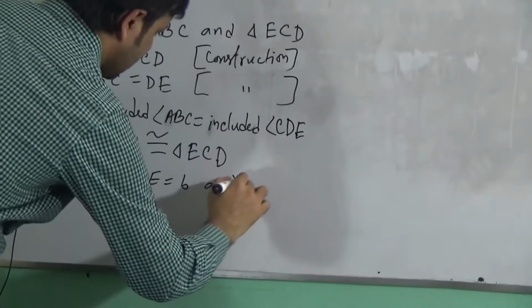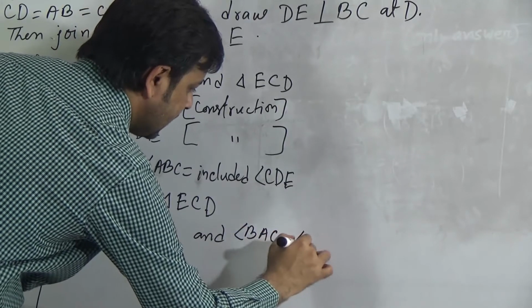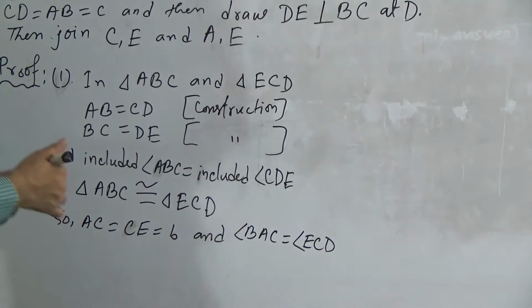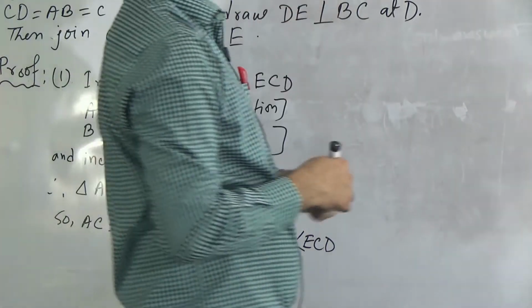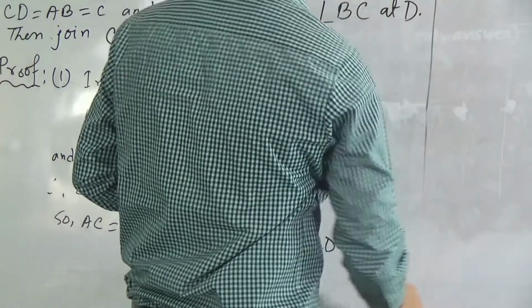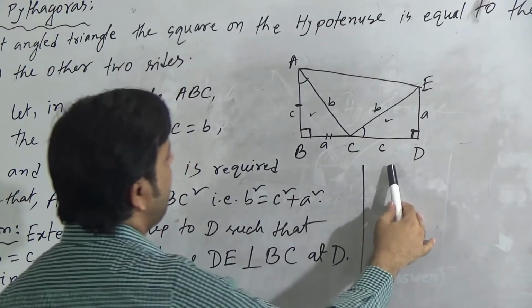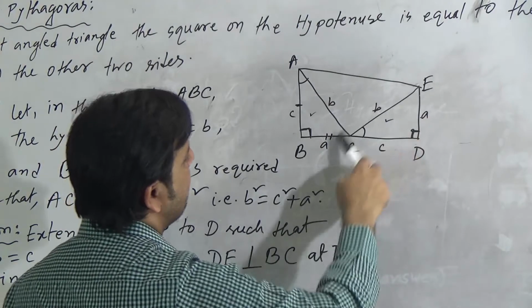These two angles are equal. Now I will go to the next step. Step 1 I have done. In step 1 I have proved that AC and CE are equal and angle BAC is equal to angle ECD.